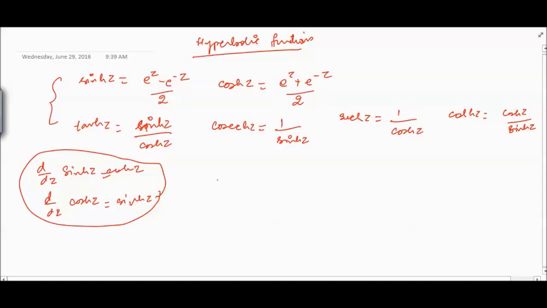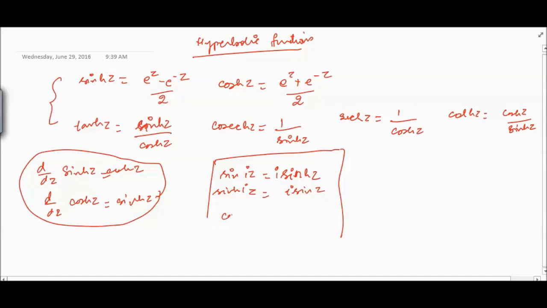Then you can prove that sine of iota z is actually iota times sine hyperbolic of z. This is the relation between trigonometric and hyperbolic functions. And then you have sine hyperbolic of iota z is equal to iota sine z. And then you have cos of iota z is equal to cos hyperbolic z.